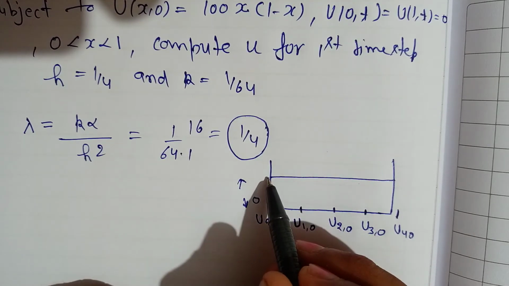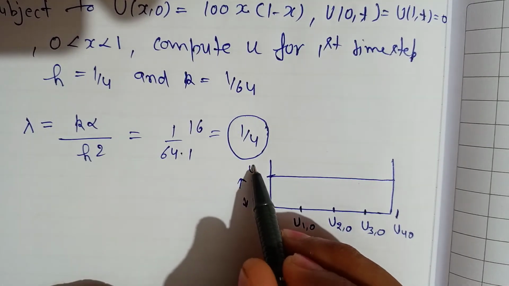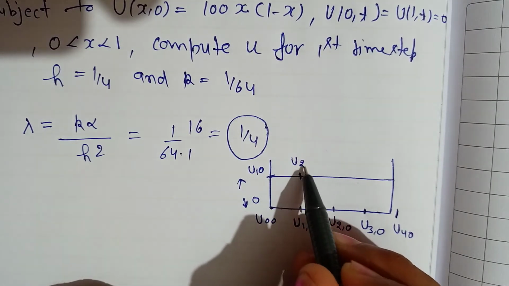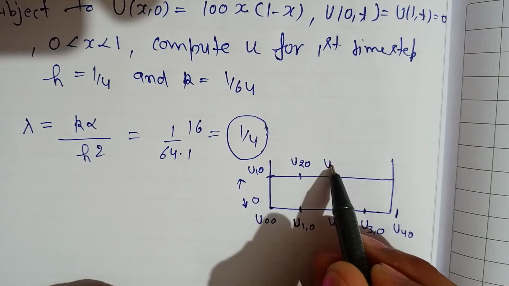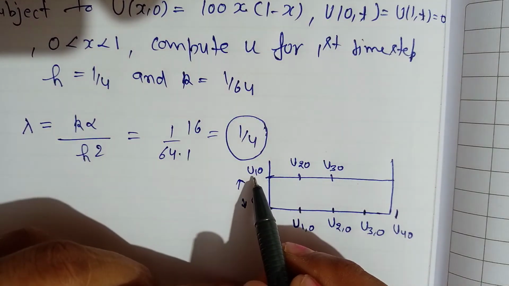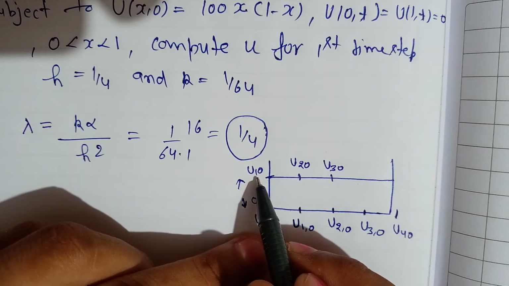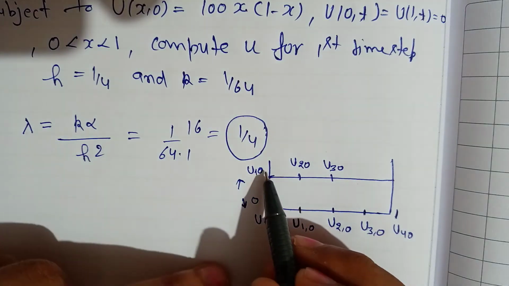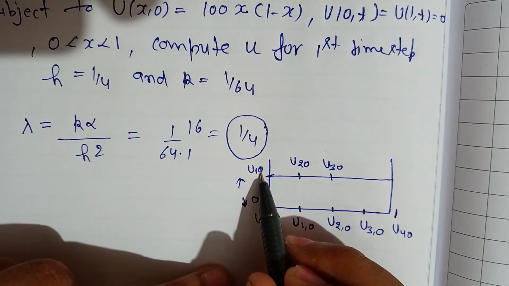So here the u value will be u1 comma 0. Fine. And here we have u2 comma 0, and here we have u3 comma 0. Here we have u at x equal to 0. And 1 here, 1 step.